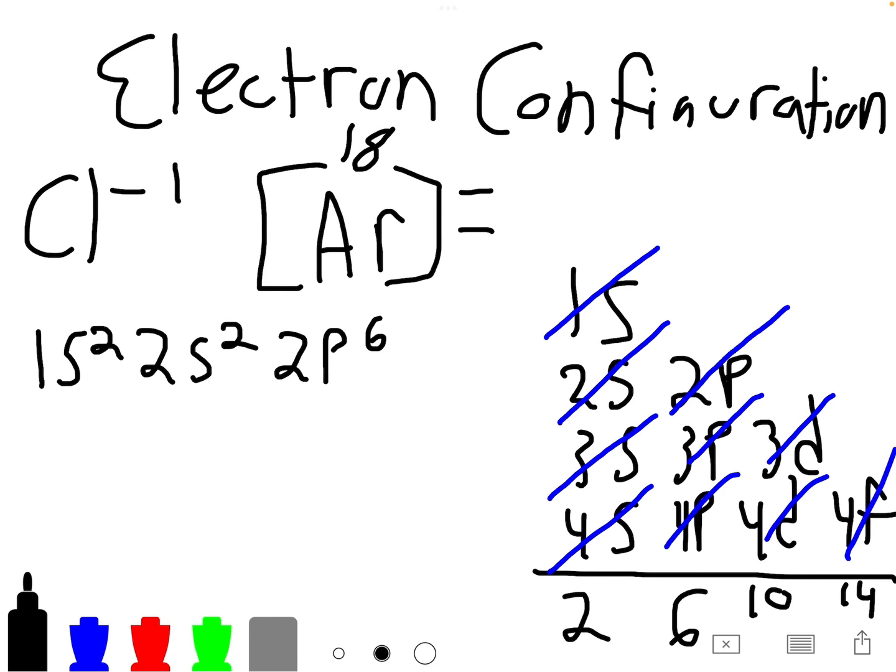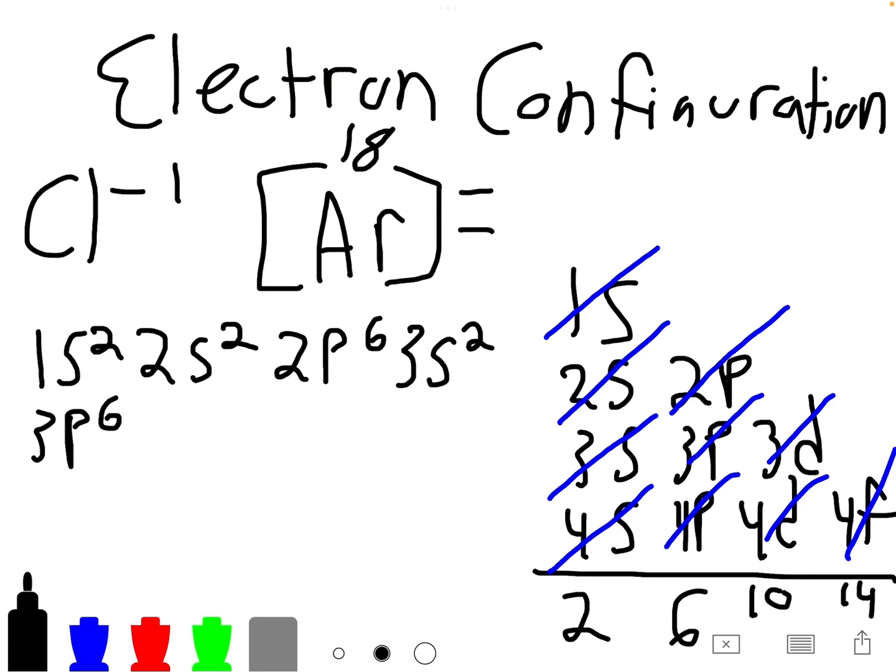And now we go to 3p. And 3p can only hold 6. So since we have 12, we only need 6 more. So now we just fill up this last one. And it is this, a very long configuration. That's your configuration of argon.